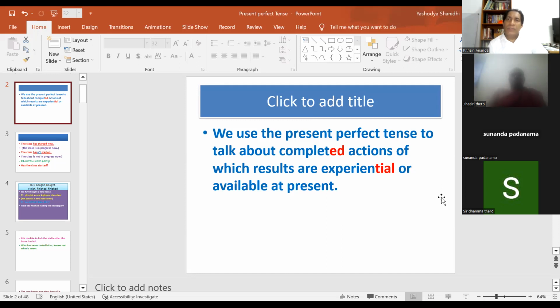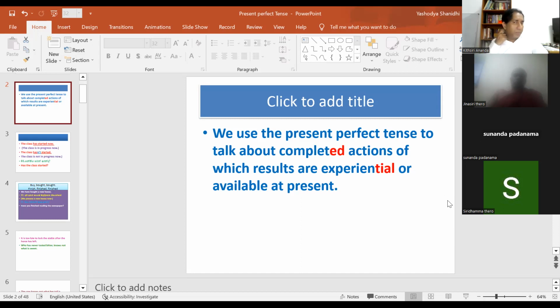The action is already complete. The action is already finished. But the results, the outcome, can be seen. We can experience the outcome. The result is always prevalent or available at present.